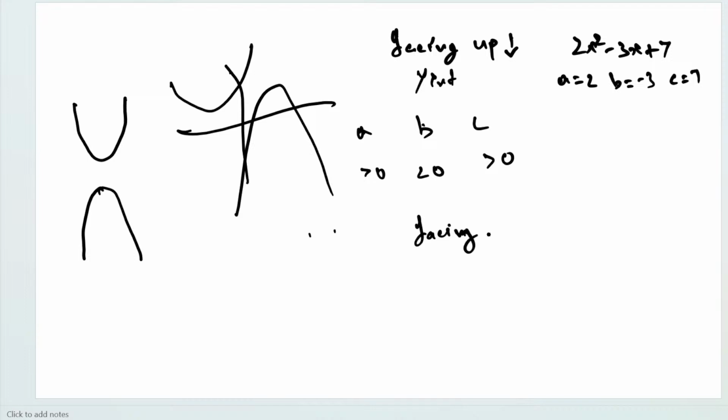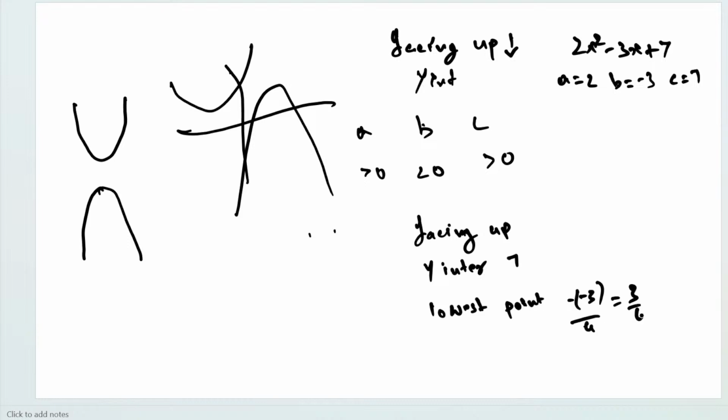So we discussed it is facing up. Then the y-intercept is 7. What is the lowest point? So 3 by 4, right. What is 3 by 4? Minus b by 2a, minus of this by 2 times 4.